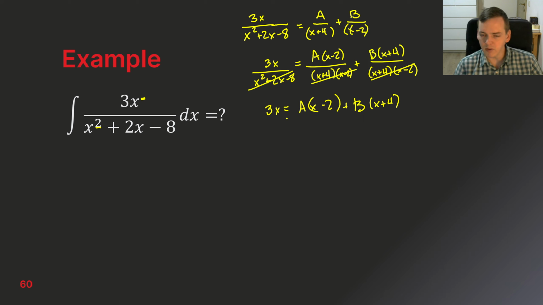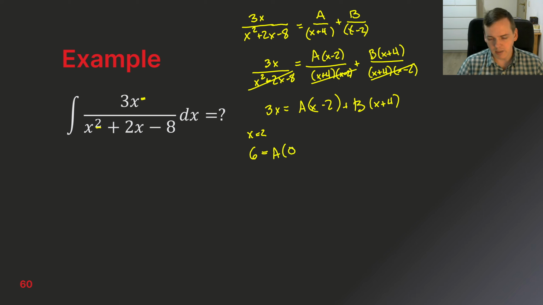Now if we're clever about substituting in x values, because this has to be true for all x values, I can solve for a and b nice and easily. So for x is equal to 2, I get 6 is equal to a times 0 plus b times 6. That means b must equal 1.